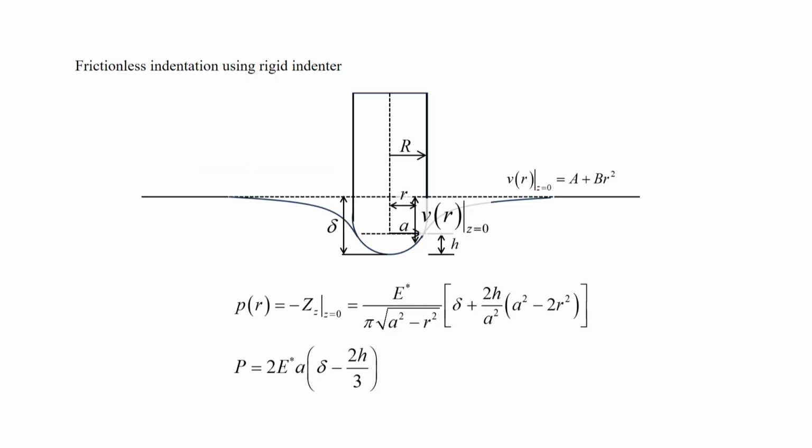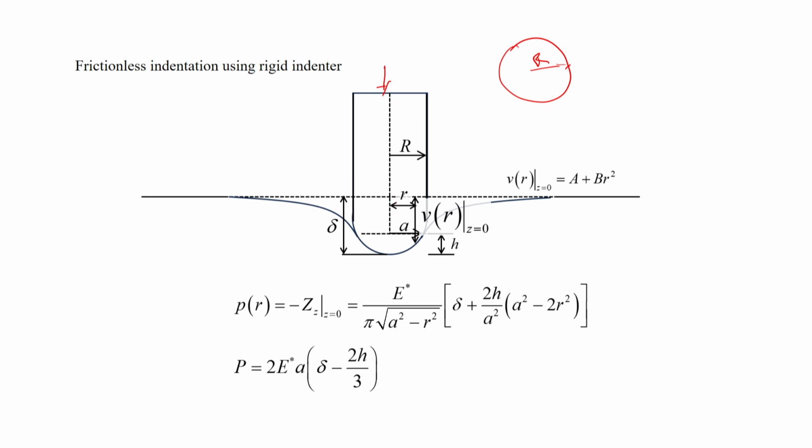This is the frictionless indenter having this convex head, with radius R. It is a cylindrical indenter pressing against this elastic half space. The indenter is rigid, so it deforms the half space, and the deformation is delta at r equal to 0.